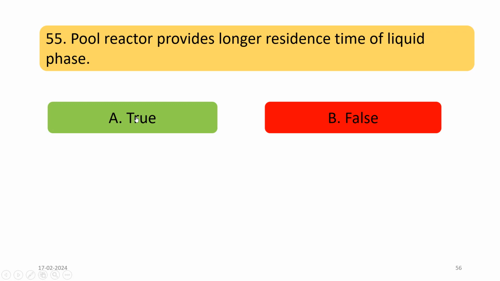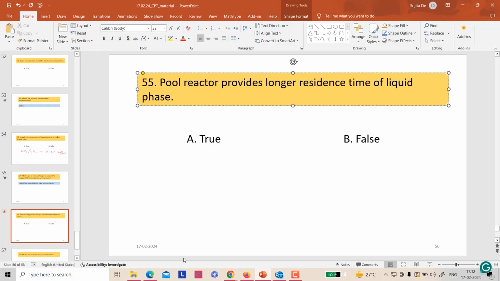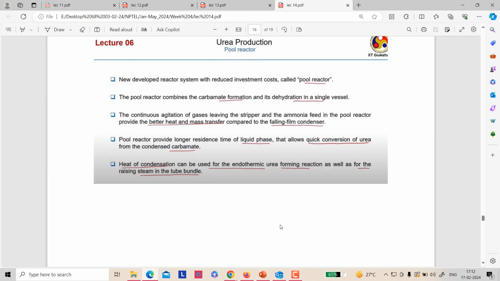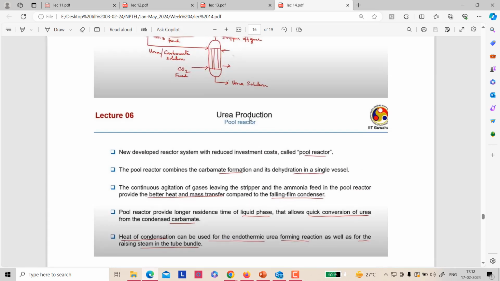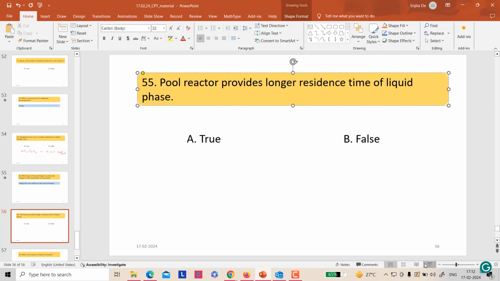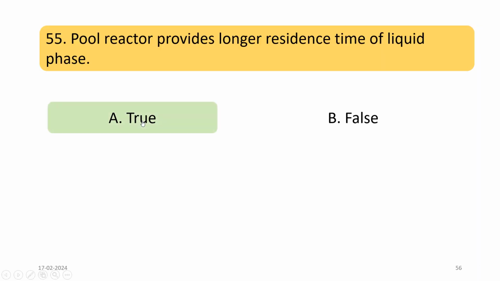You will get this in the slides only, that this is a pool reactor, right? This is the pool reactor. So pool reactor provides longer residence time of liquid phase. So this is true.